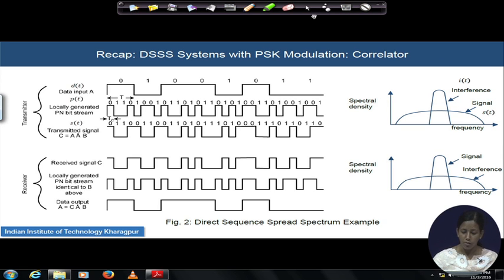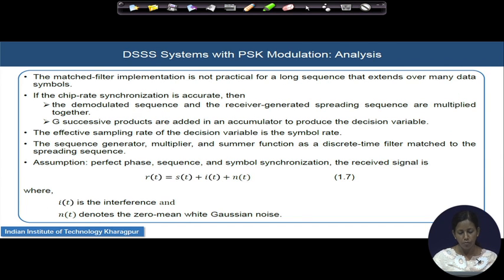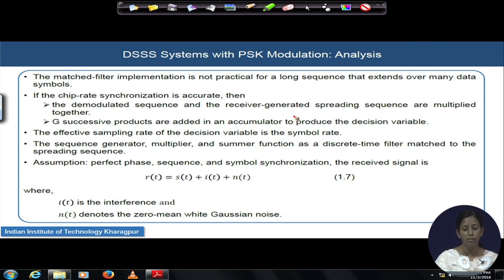From now onwards, if this was the concept, and we look back at the block diagram from the first slide, we will see that the demodulated sequence and the receiver-generated spreading sequence get multiplied together, and these successive products are then added up, considering that perfect synchronization is maintained.